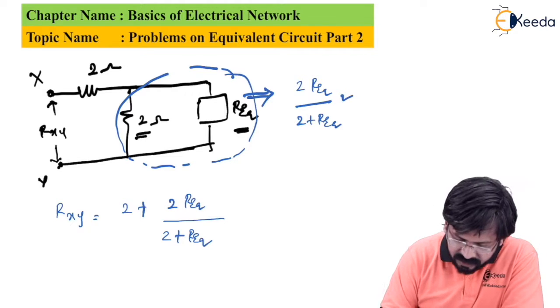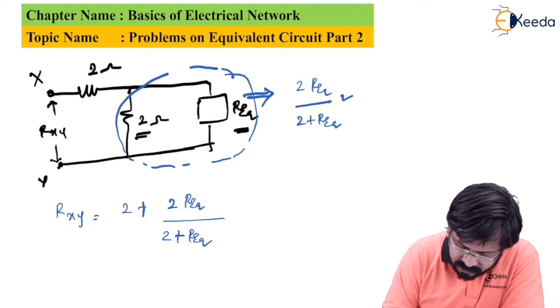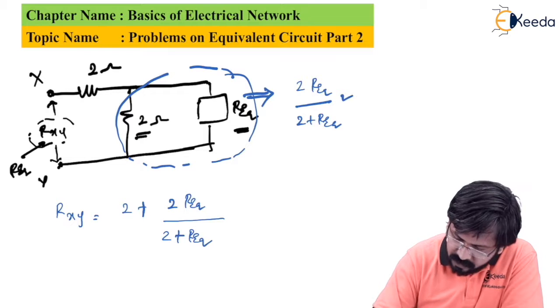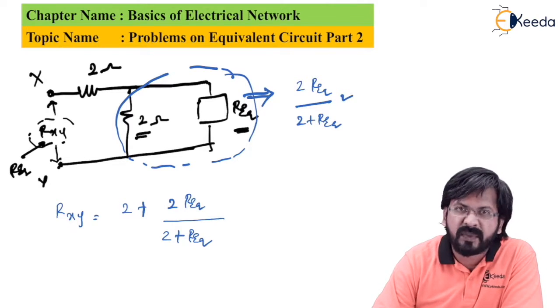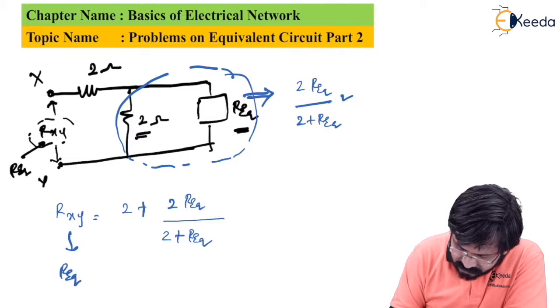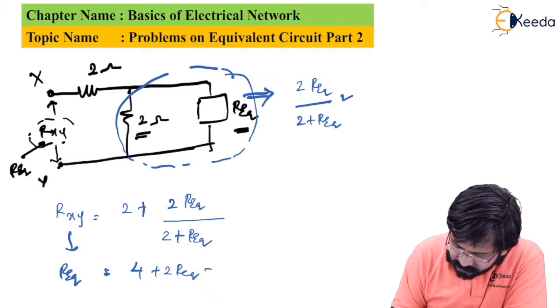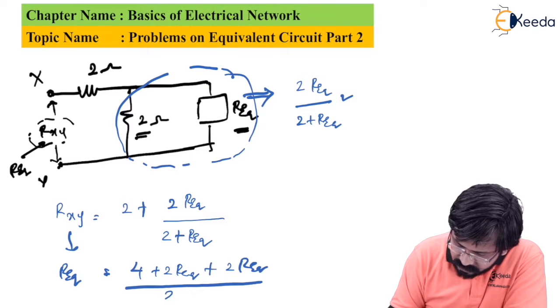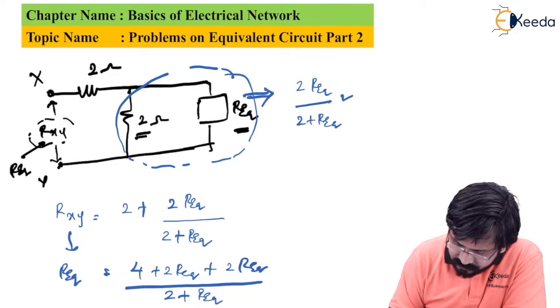In fact, this is R equivalent, then this is also R equivalent only. So what I can do is replace Rxy with R equivalent. So I can treat this as R equivalent, which, cross multiplying, gives 4 plus 2 R equivalent plus 2 times R equivalent divided by 2 plus R equivalent.